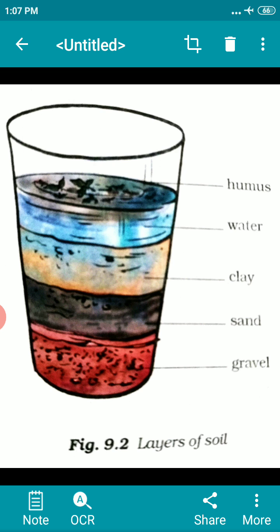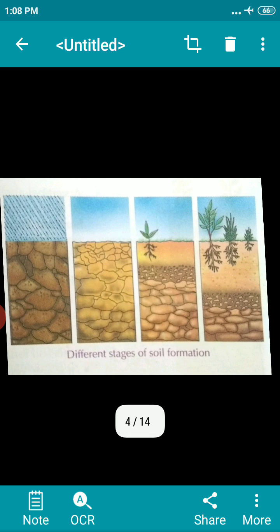So now let's see how soil is formed. You probably know that the soil is formed by the breakdown of the rocks, by the action of wind, water, and climate. So this process is called weathering.